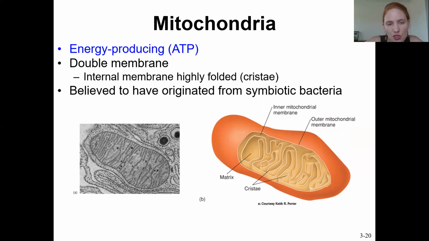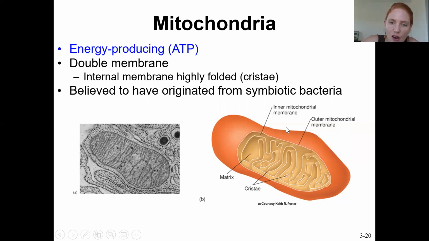Now, when you look at the mitochondria, you should always be able to tell it's a mitochondria because unlike all the other organelles, it's a double membrane. It has two phospholipid bilayers, so two double membranes connected to each other.